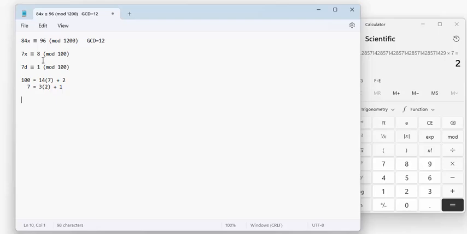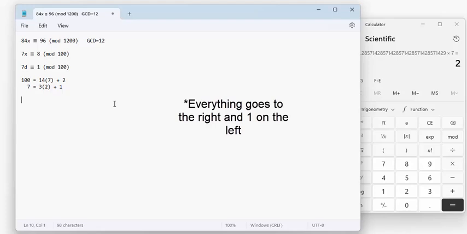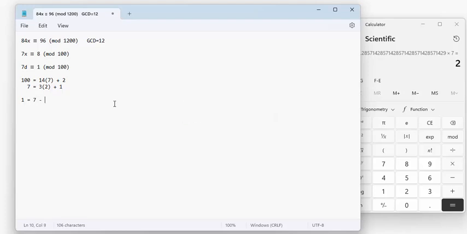Then the reverse substitution, or reverse replacement, is, again, we put 3 multiplied by 2 to the right, and everything on the right swaps to the left, and 1 is on the right. 1 equals 7 subtract 3 multiplied by 2, and 2 we want to replace with 100, because 2 is congruent to 100 in mod 7.